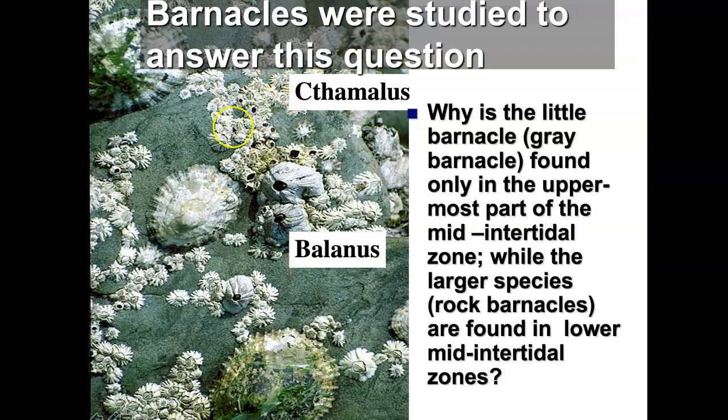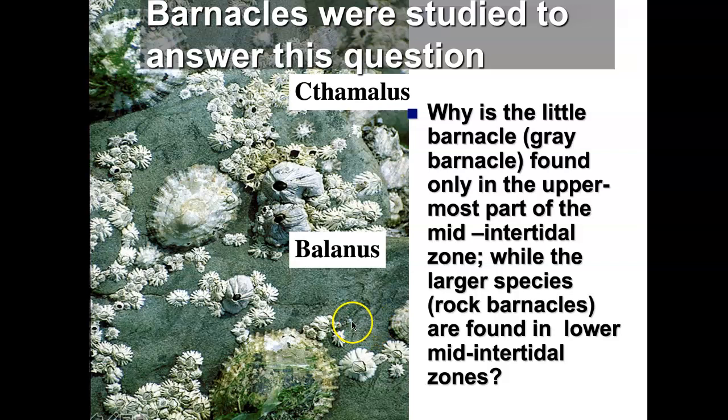We found that these little gray barnacles are found mostly in the uppermost parts of the mid-intertidal zone, so they're going to be higher up in the intertidal zone. We'll talk about what this mid-intertidal zone is in a little bit.